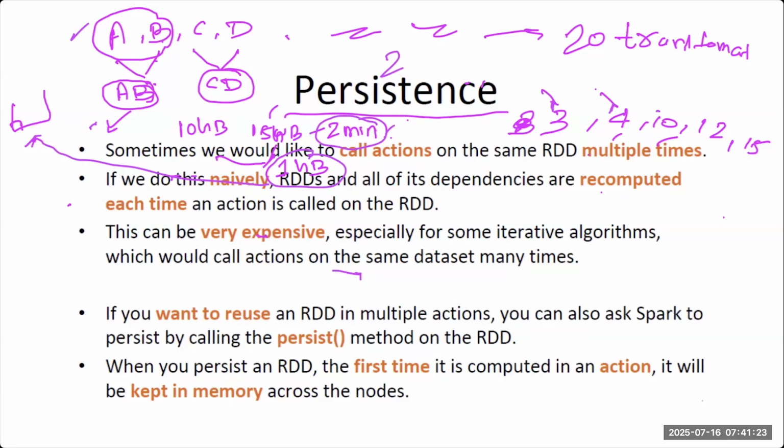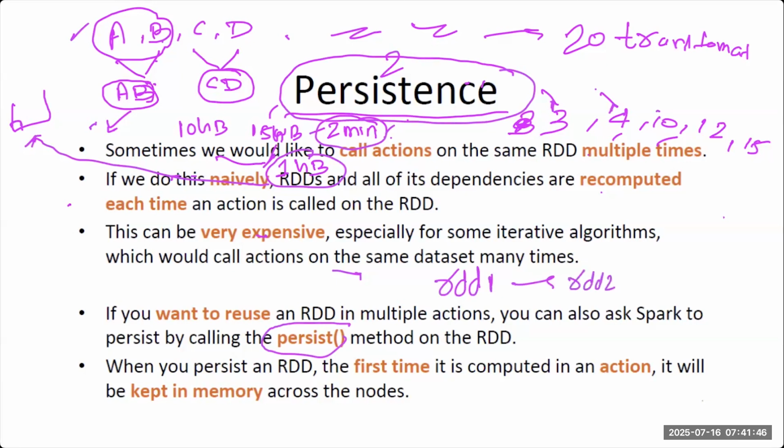So if you want to store any intermediate RDD, then we use persist. Persist is like a method you apply on an RDD. Let's suppose I have RDD one, I use some transformation and get RDD two, then another transformation and get RDD three, and I want to save RDD three.